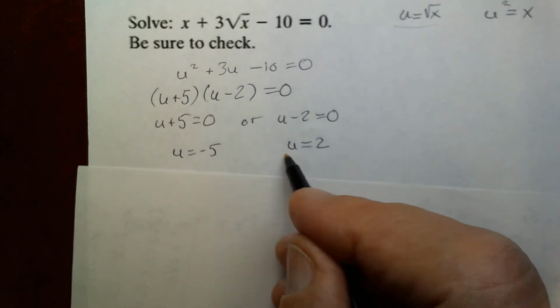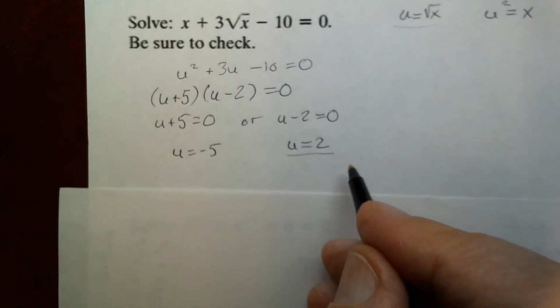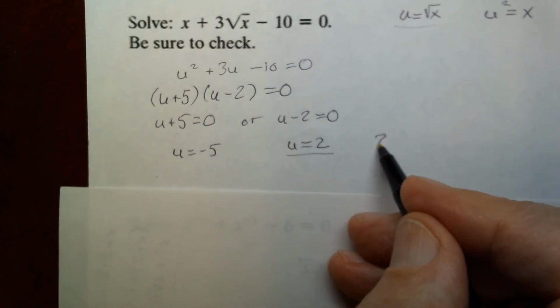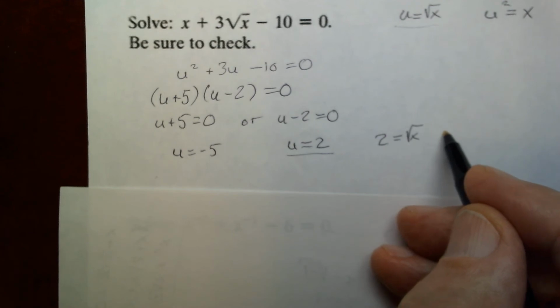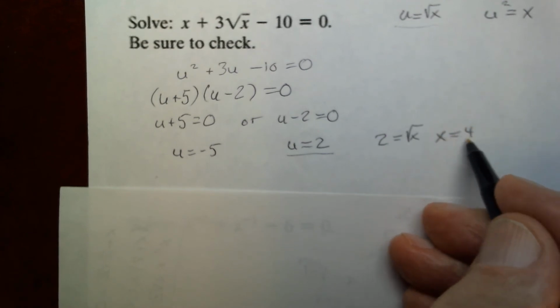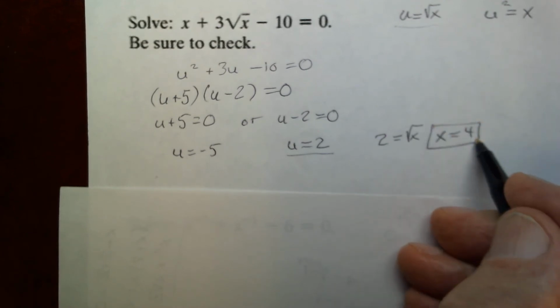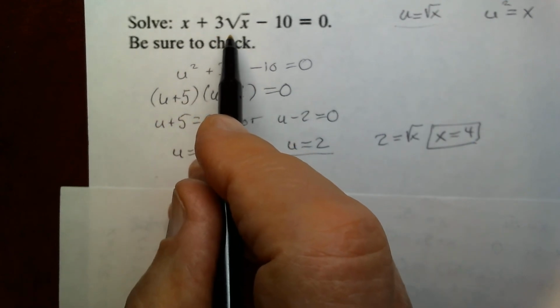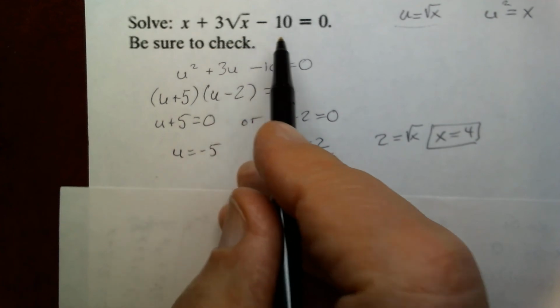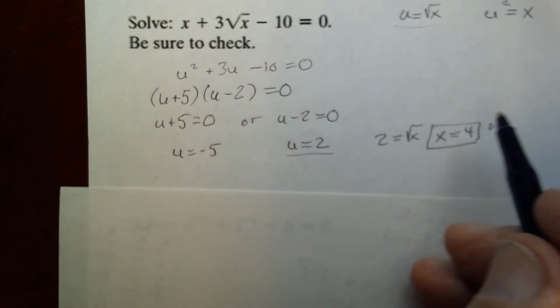So for this solution, we have 2 equals the square root of x. When we square both sides, x is equal to 4. And when we substitute that into the original equation, 4 plus 3 times the square root of 4, which is 2, is 6. So 4 plus 6 minus 10 is 0. So that checks.